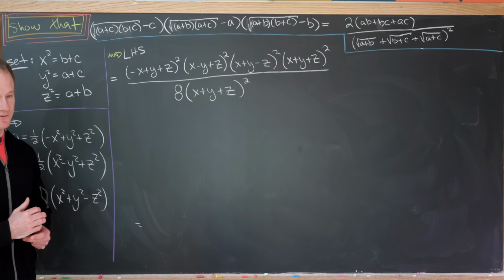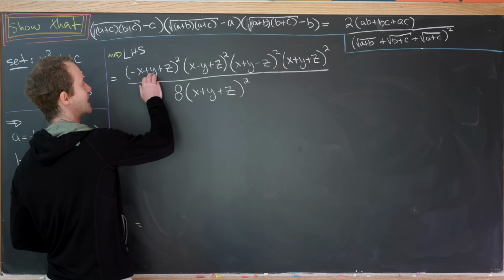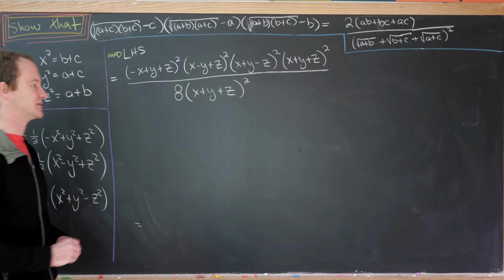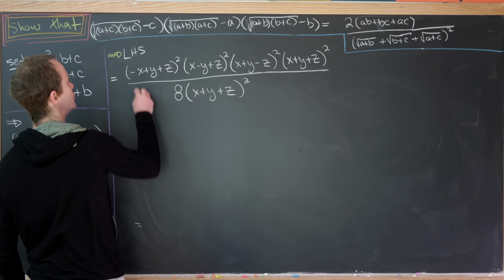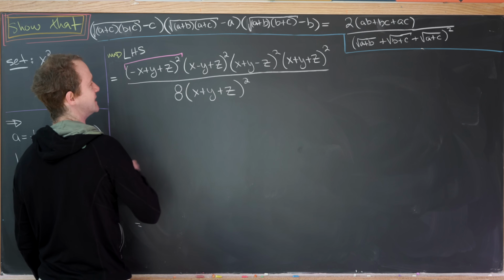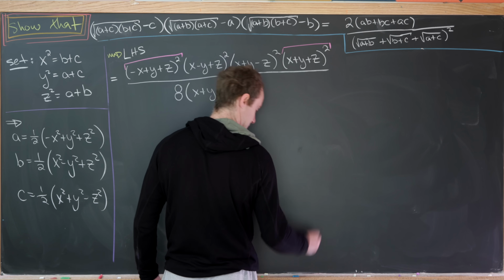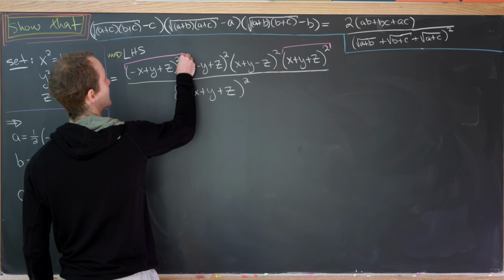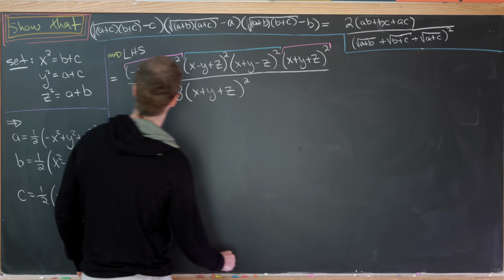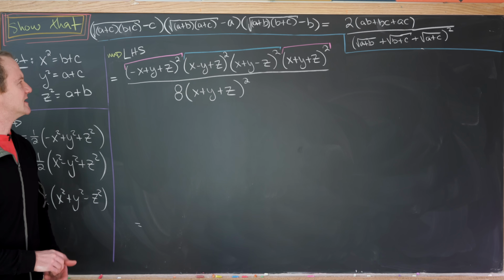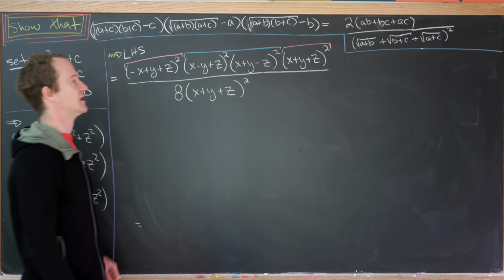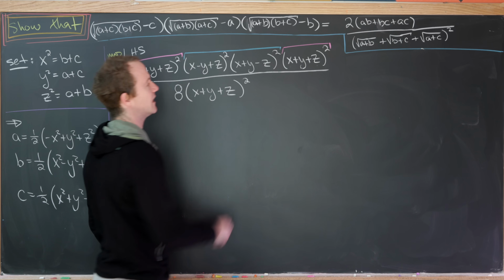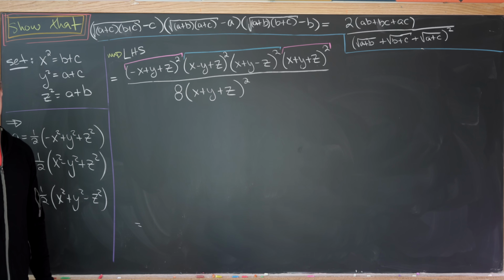Okay, so this is where we left off. And now I'm going to take two pairs from these four terms in the numerator and combine them. Those will be the two exterior terms, so these two that I'm overlining in magenta, and these two interior terms. And then let's see what is different about those. We have y plus z minus x, and then y plus z plus x for the magenta overlined terms.